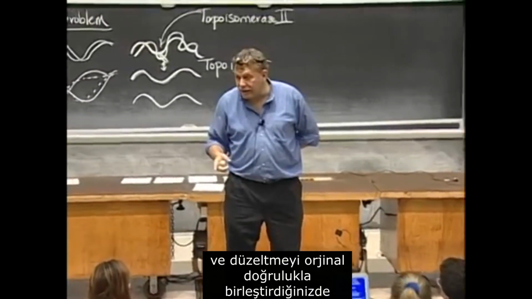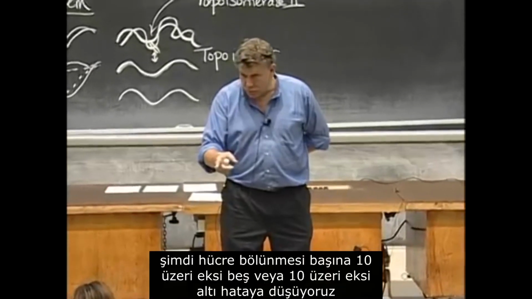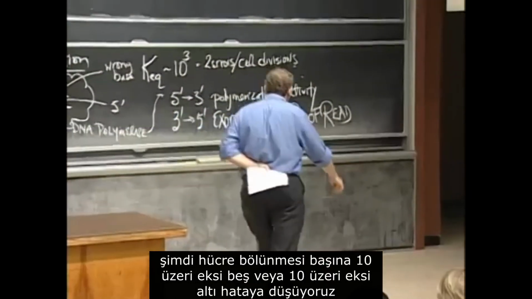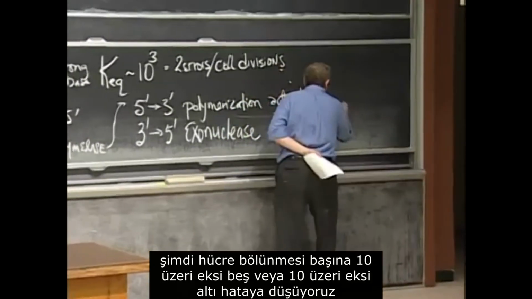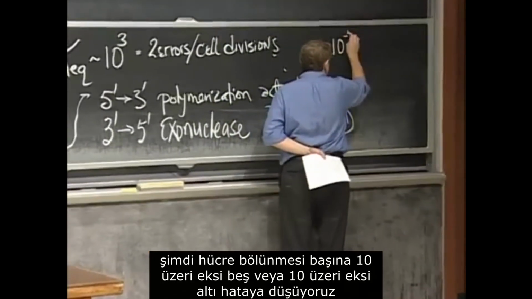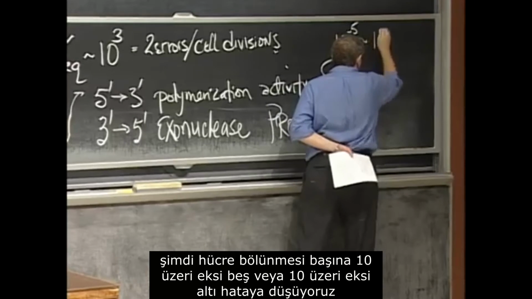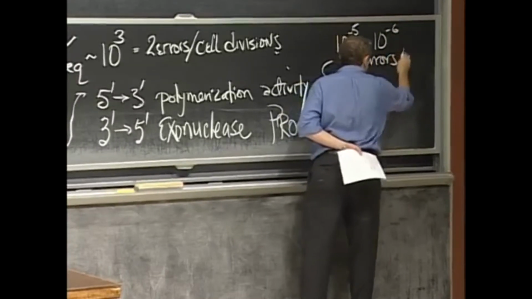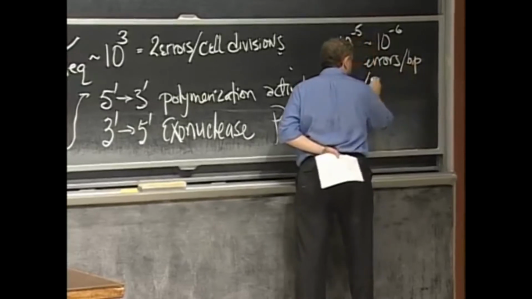And when you combine the proofreading with the original accuracy, now we're down to something like 10 to the minus 5 or 10 to the minus 6 errors per base, per cell division.